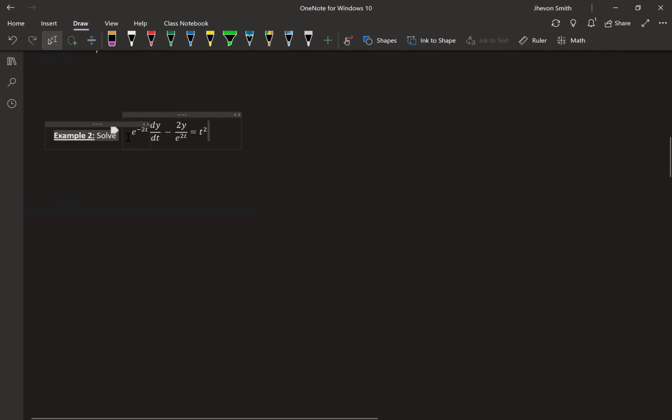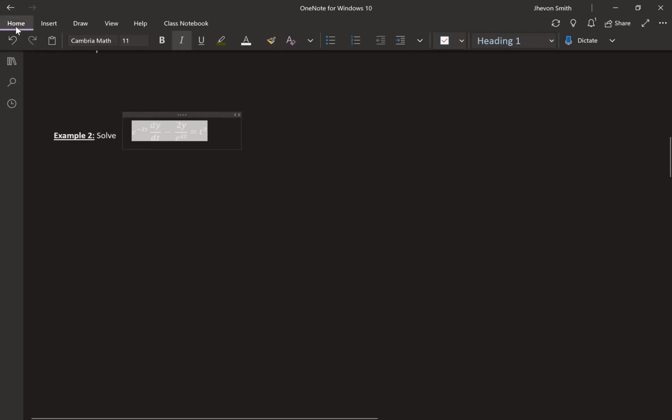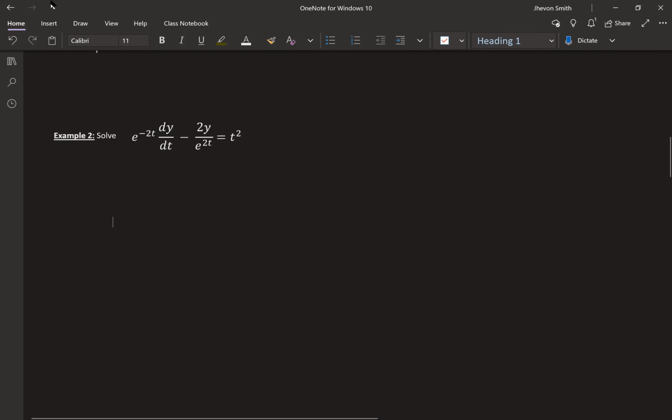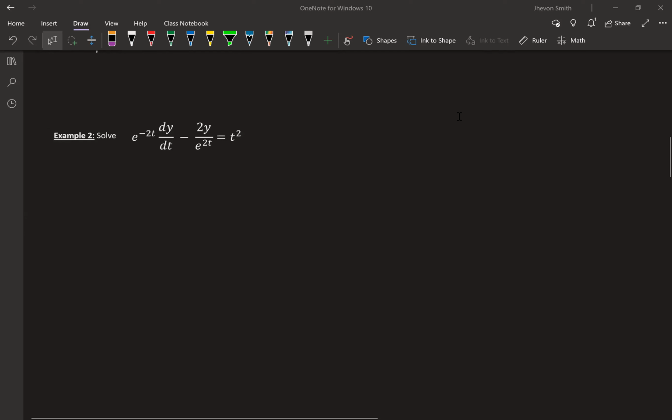Okay, here's another one. First order linear. What do we do? How do we solve it? Ideas, what do you see?